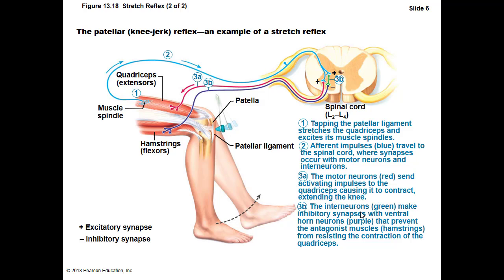What happens when you hit the patellar ligament? It's going to pull on the patella, and it's going to pull on your quadriceps muscles, the whole group of them, because they're all attached at the end. So when you hit the patellar ligament, it stretches this muscle. Now, because we don't want to stretch that muscle, what are we going to do?